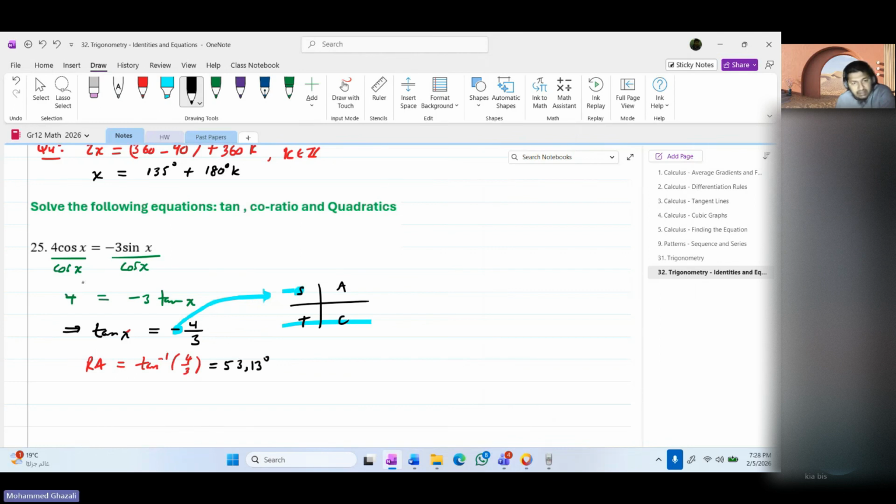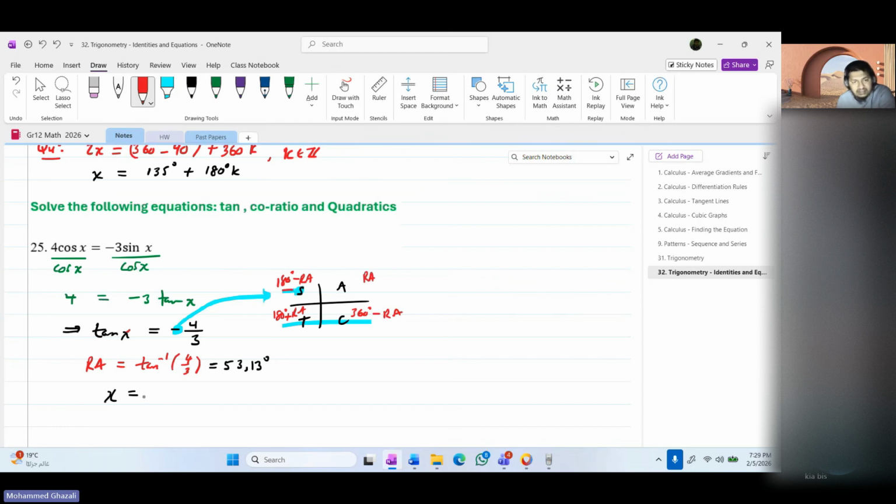So my answer is x equals, which quadrant is the tan in? In the second quadrant. So second quadrant is 180 minus the reference angle theta. And this is 180 plus reference angle. That's 360 minus reference angle, right? And this is just adding the reference angle. So we're not in the first quadrant, we're in the second quadrant.